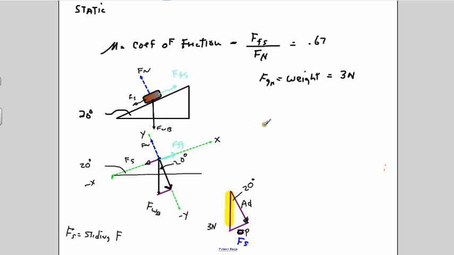Well, turns out that the adjacent, and you know this already, is equal to the hypotenuse times the cosine of the angle, SOHCAHTOA. If the hypotenuse is 3 newtons, all we got to do is multiply it times the cosine of 20 degrees.